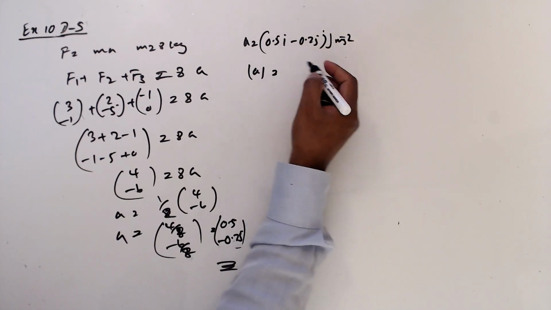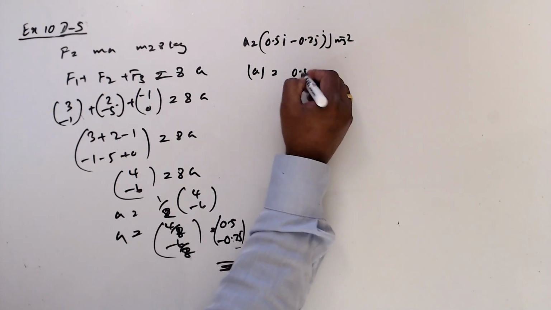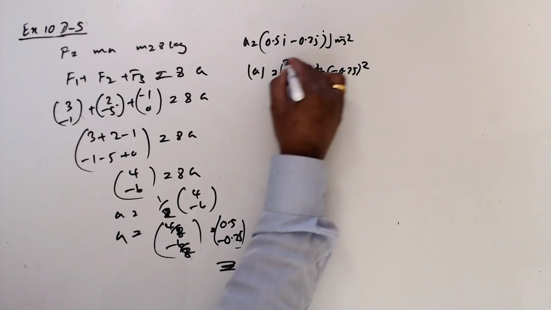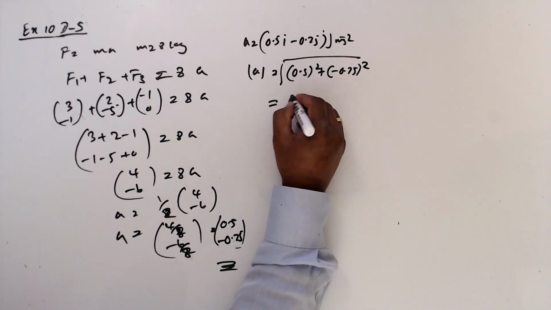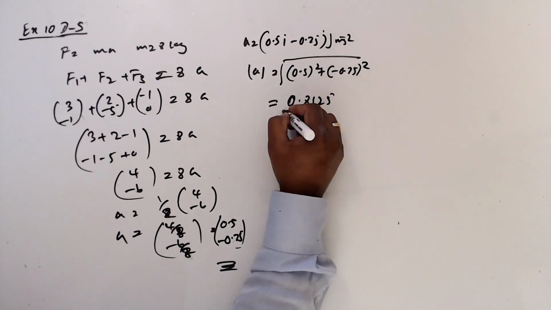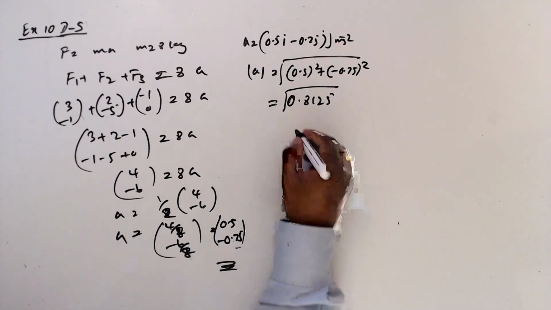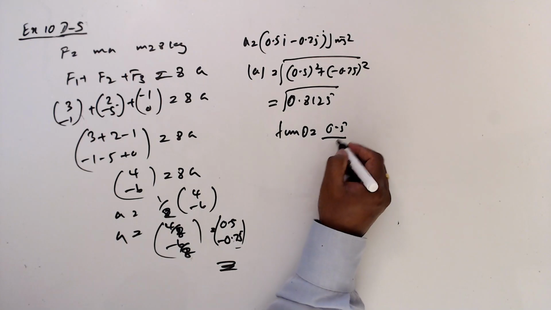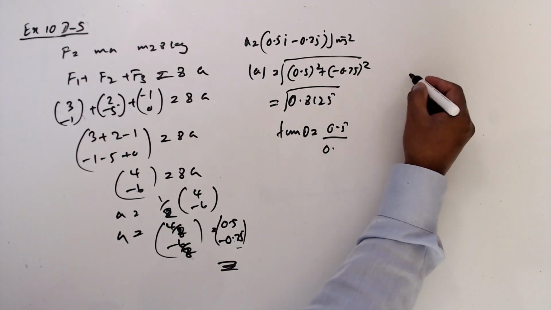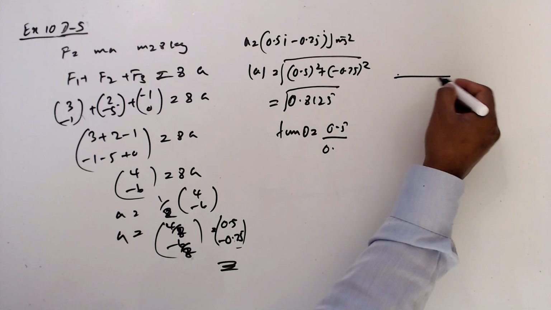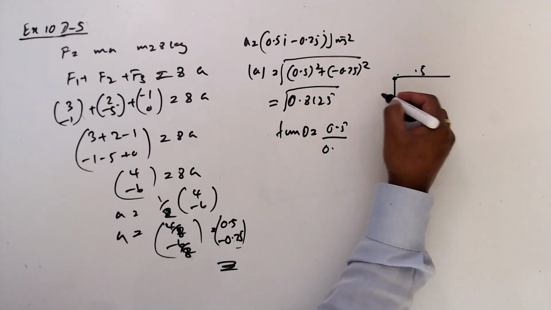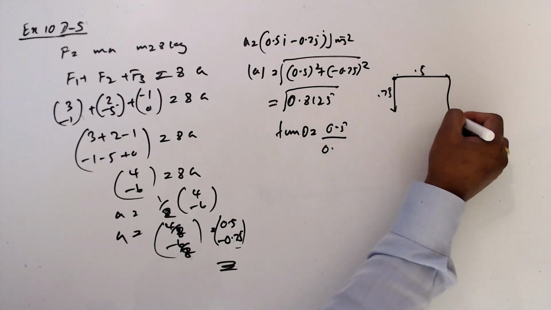So the magnitude of a is the square root of 0.5 squared plus minus 0.75 squared, that is the square root of 0.8125. Tan theta equals, so this is 0.5 and this is 0.75 downward.